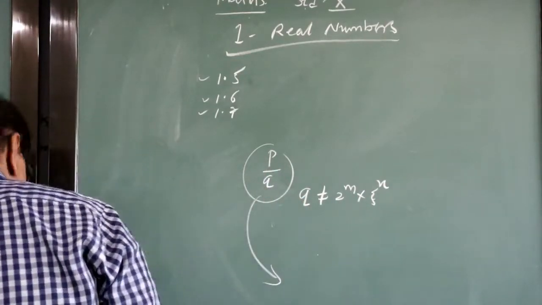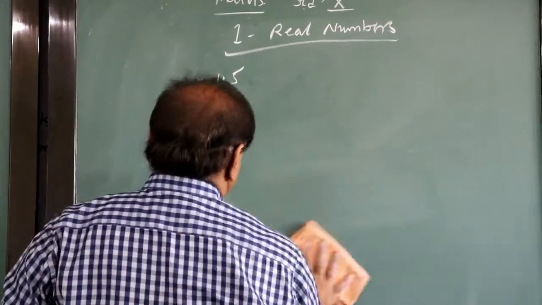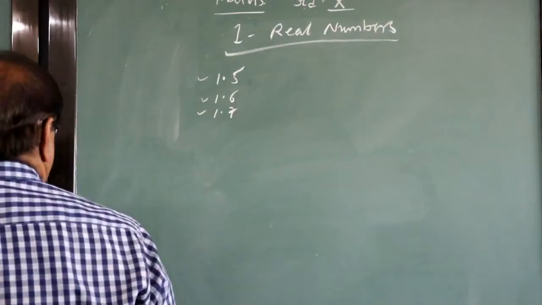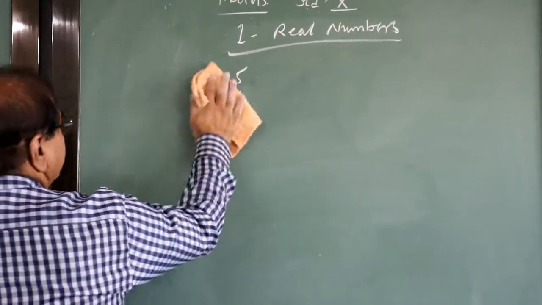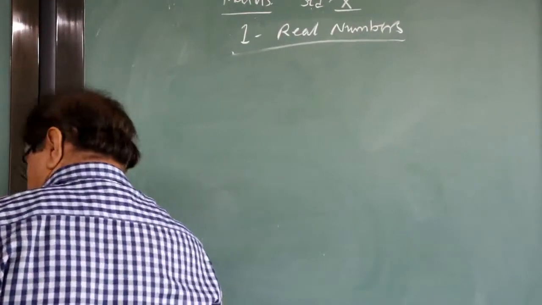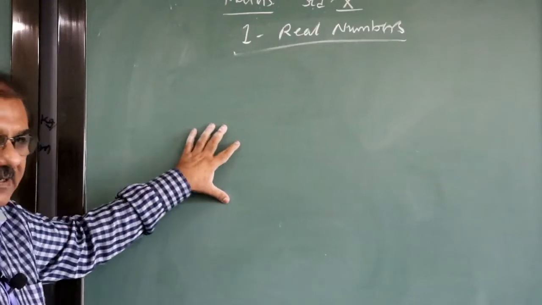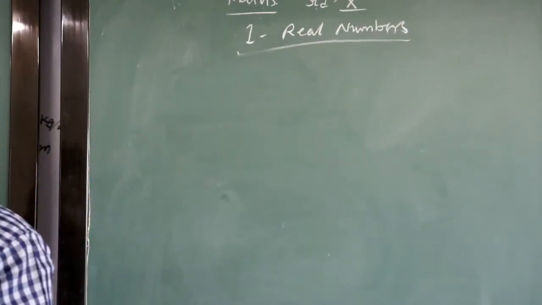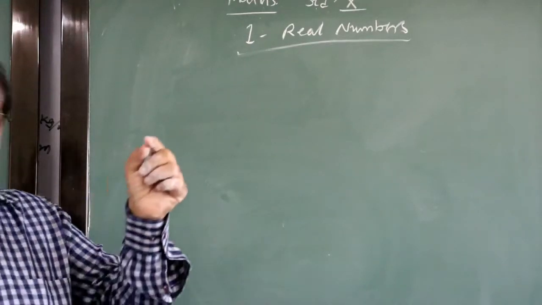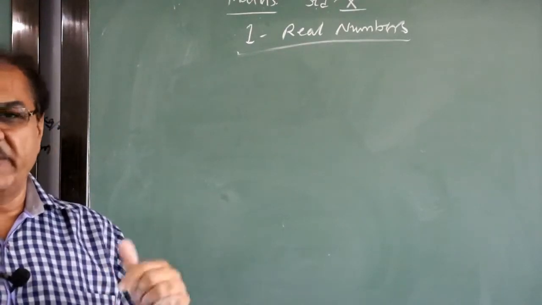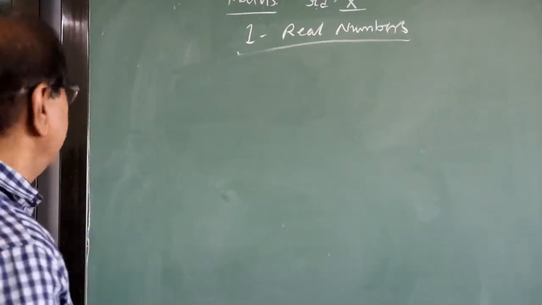That much we have seen. Using all these 3 theorems, now I write certain examples here. You do not have to factorize them exactly, but looking at the fraction, you have to tell whether it will have a terminating or non-terminating, recurring decimal expansion. That only you have to say.